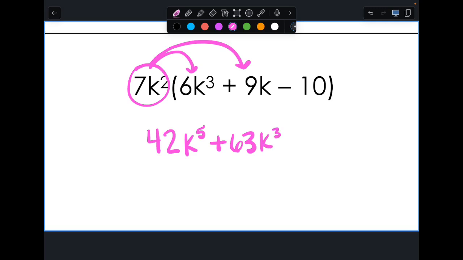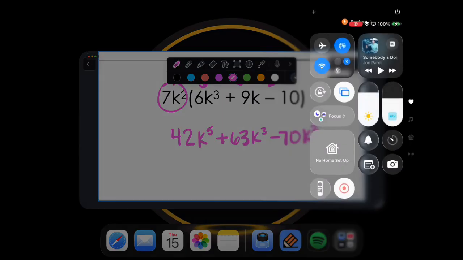John, what's k squared times k? Thank you. 7 times negative 10, negative 70. Bring down the... k cubed. Because you're not repeating, you're not participating.